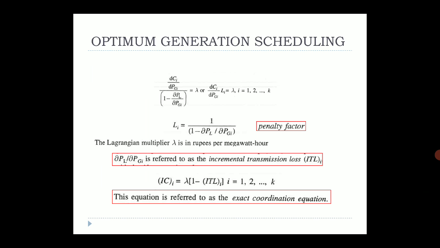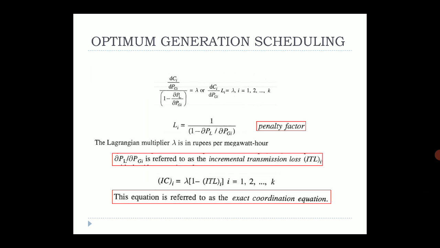Now there is a denominator: dC by dPG divided by 1 minus dPL by dPG. That denominator is called the penalty factor, the factor that is required when we consider the transmission loss in our new optimal scheduling procedure.